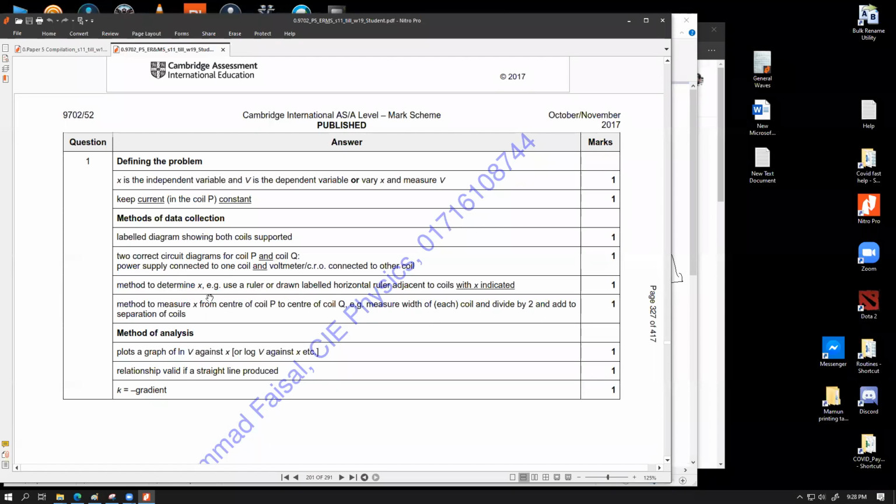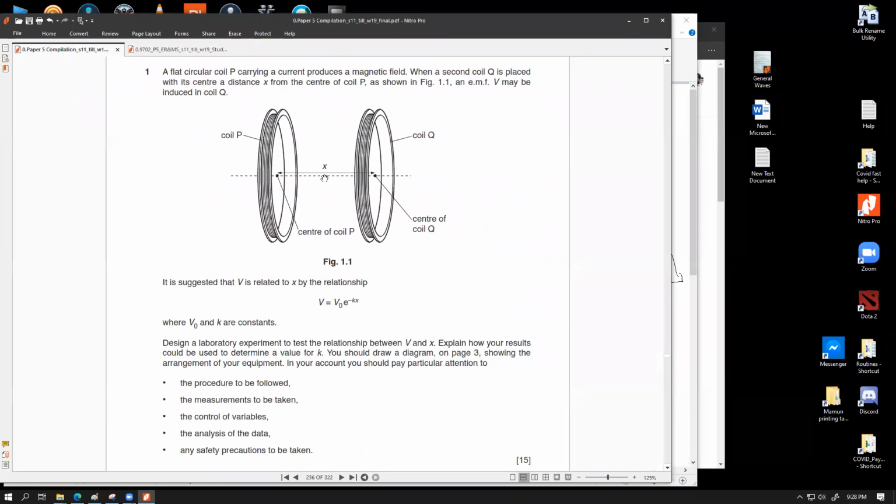Method to determine X, for example, use a ruler: draw and label a horizontal ruler adjacent to the coils with X indicated. For this experiment, this is very important for me to discuss. We have to measure the distance between the two centers. It is not important that we measure exactly at the center.